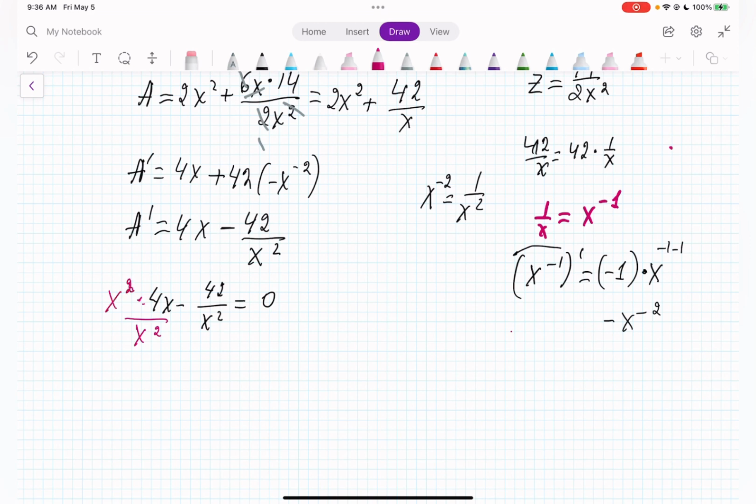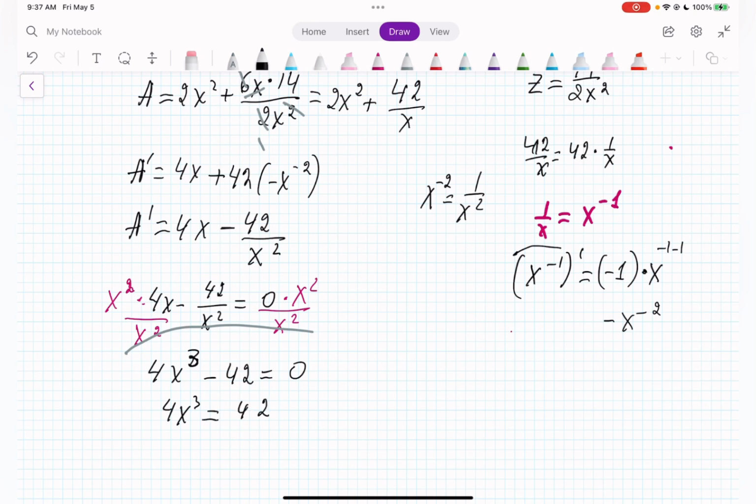Officially we should put x squared and x squared here, but because we have 0, it makes no sense. I'm just showing you that across the equation you have to have the same denominator to be able to drop it. And from here we are getting 4x cubed minus 42 equals 0.